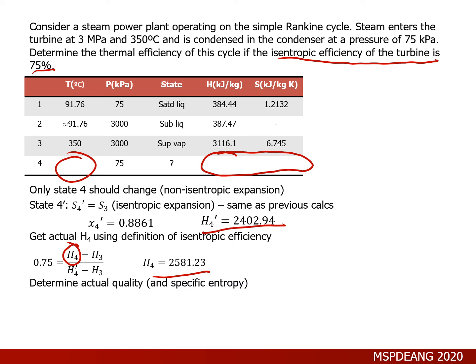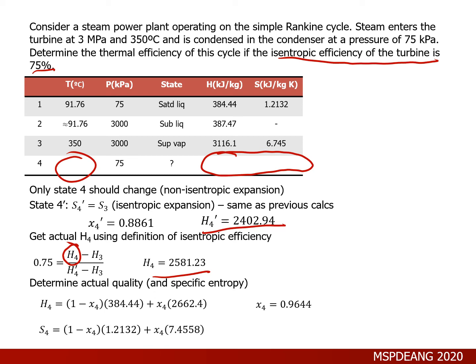We can still get the actual quality and specific entropy if you want to calculate it, just to prove that our entropy did increase. With this, you can get X4 to be 96.44%. So now our actual turbine outlet state has an increased steam quality, which is 96.44%, and the specific entropy should also be the following value.